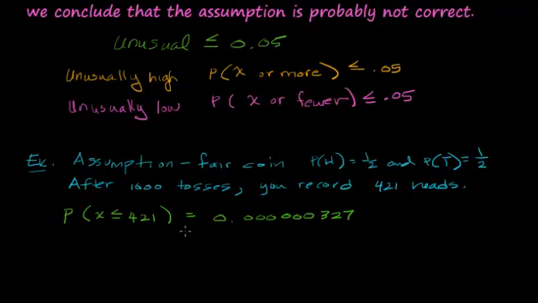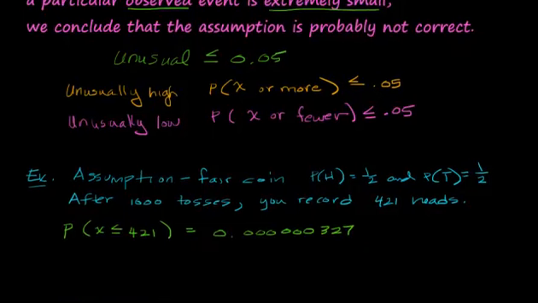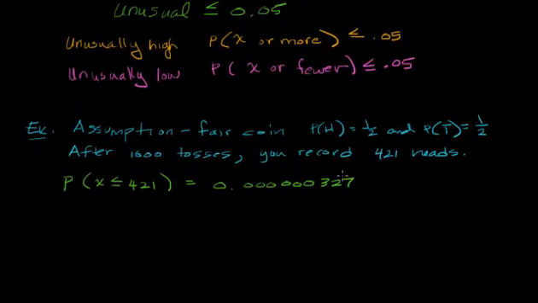Okay, so under a given assumption that the probability of heads is 1/2, the probability of a particular observed event, we observed 421 out of 1,000, is extremely small. Would you agree? That's extremely small. It's much, much, much less than 0.05. Okay? So we wouldn't have expected that to happen. We assumed it's 1/2. That's part of our calculation.